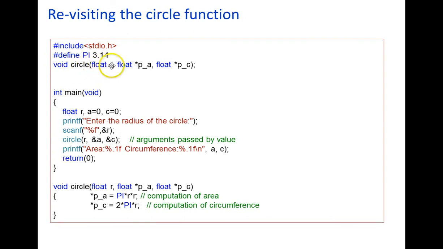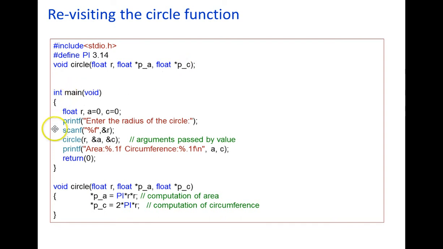The first parameter is a float r, which is going to be the radius. The next is the area of the circle. Here it's a float, but notice that it's a pointer, p underscore a, and then finally the circumference, which is also a float, and again a pointer with star p underscore c.